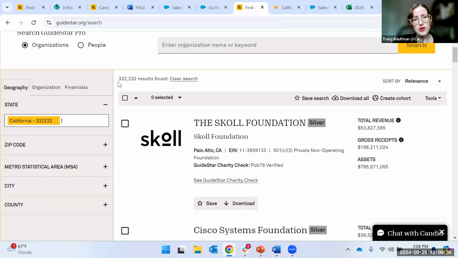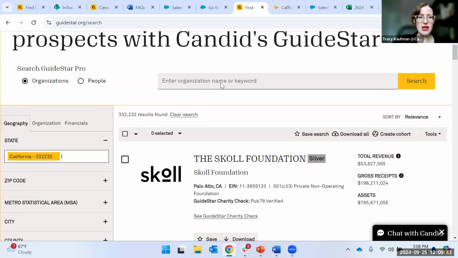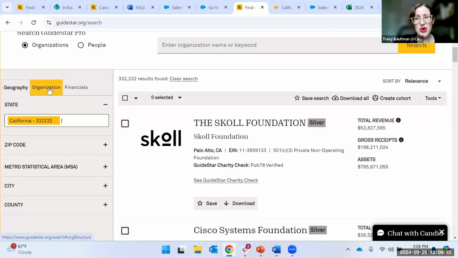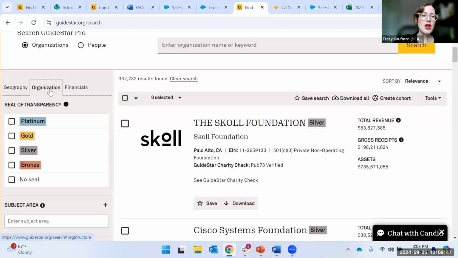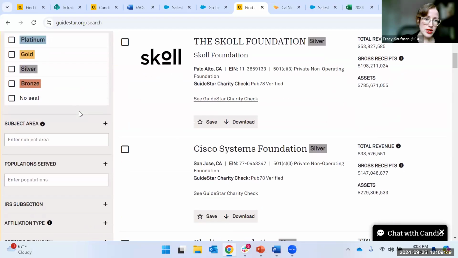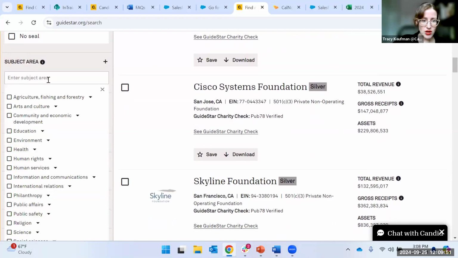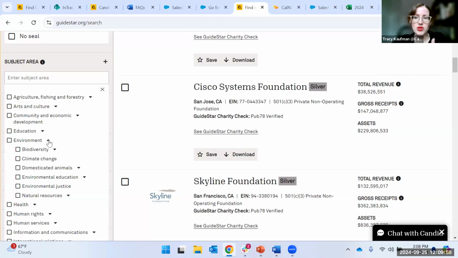Here we have over 300,000 other nonprofits in the state of California. And let's say we are an environmental organization. We could go under organization, look under subject area and find who are the organizations who do something similar to us. Or you could also search for who does something complementary to us.